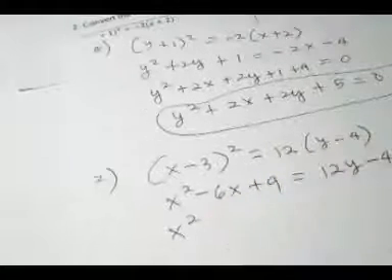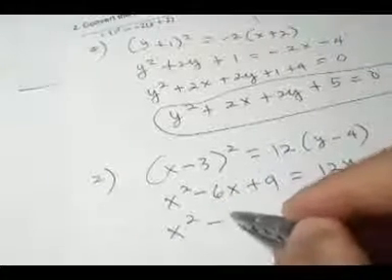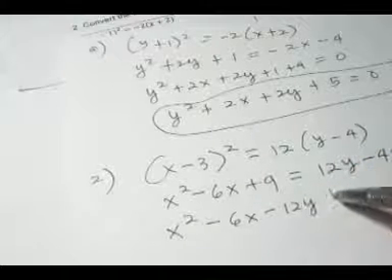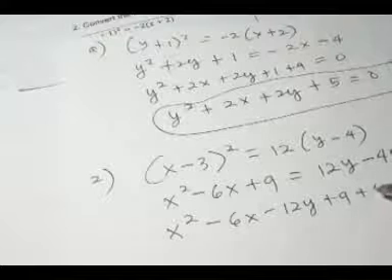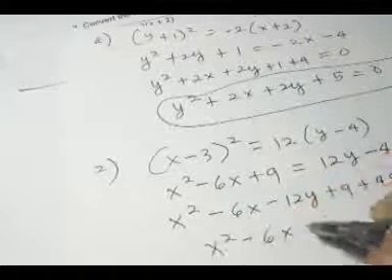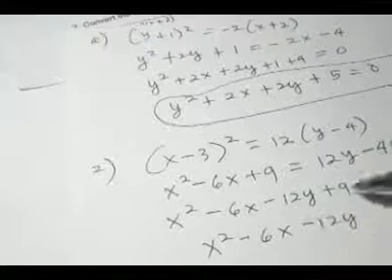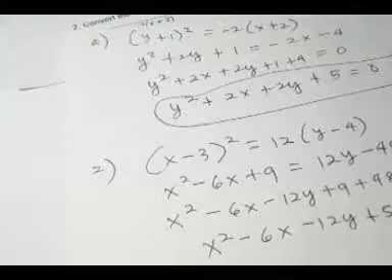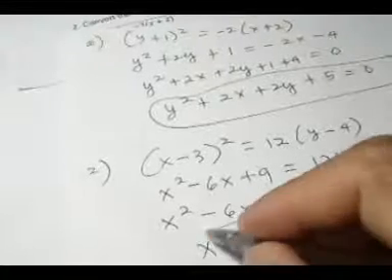X square minus 6x, this becomes minus 12y plus 9 plus 48 equals 0, and simplify further. 9 and 48 is 57 plus 0. This is the general form. Okay, next problem.